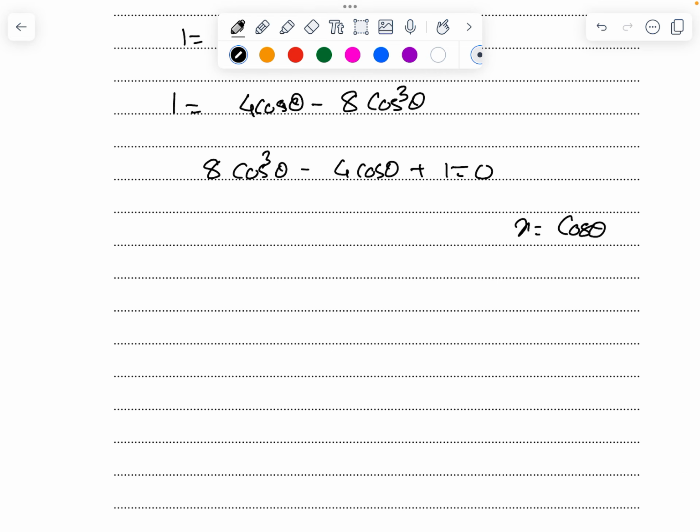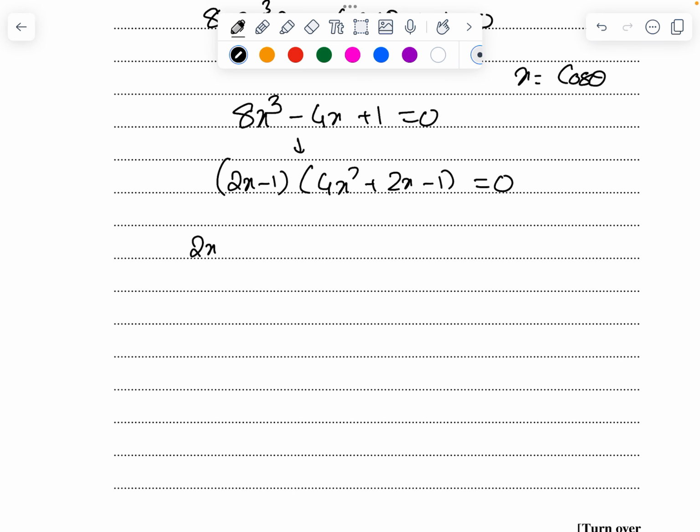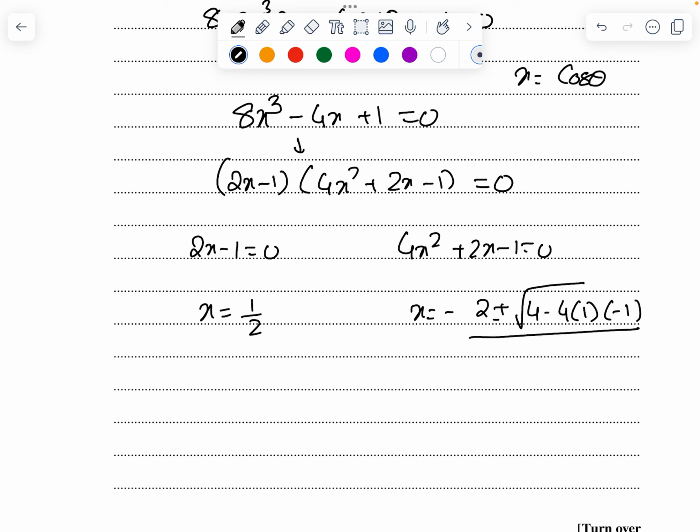So it is in the form of 8x cube minus 4x plus 1 equals to 0. But this can be written as what? From part 1, 2x minus 1 times 4x square plus 2x minus 1 equals to 0. So from here, 2x minus 1 equals to 0, and 4x square plus 2x minus 1 equals to 0. So x equals to 1 upon 2, and x equals to minus b plus minus square root of b square minus 4ac upon 2a.